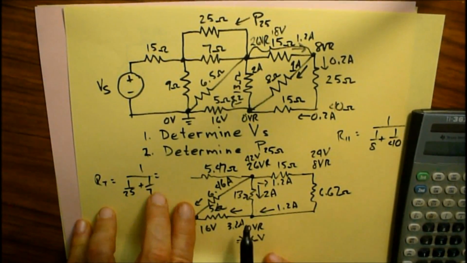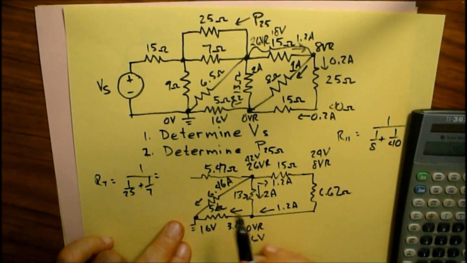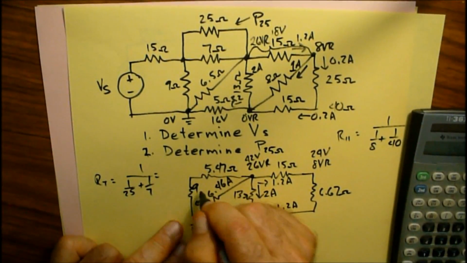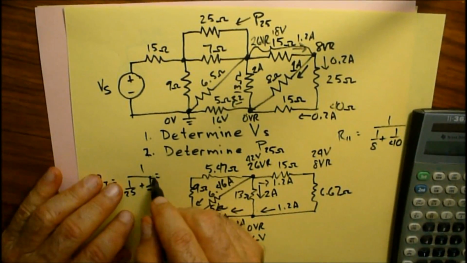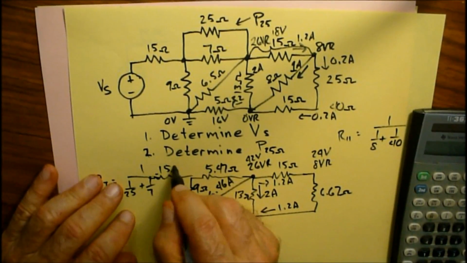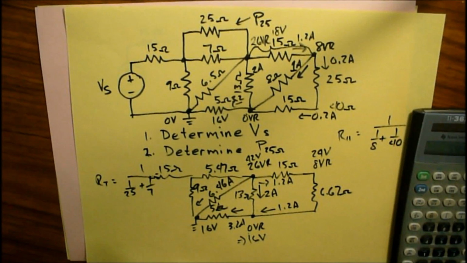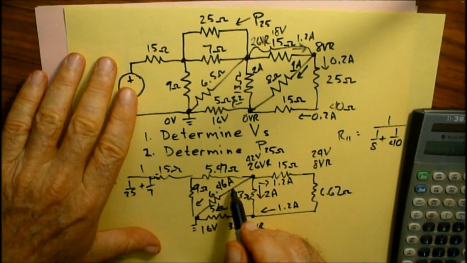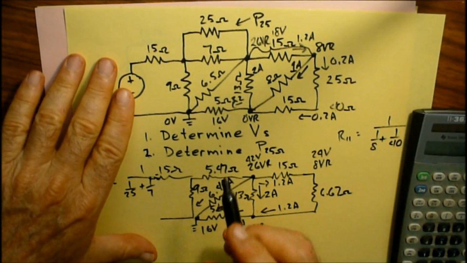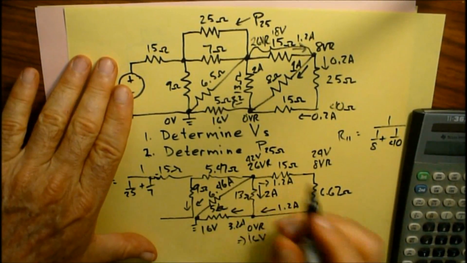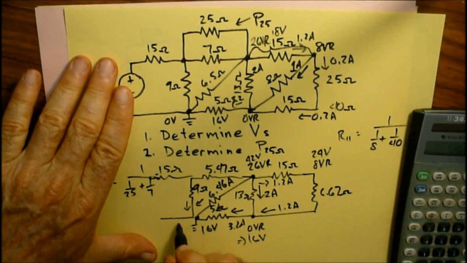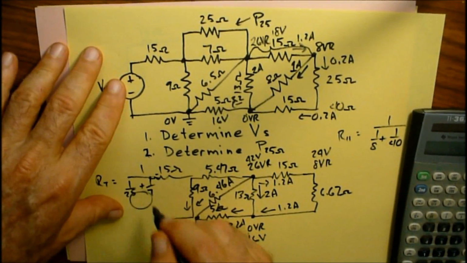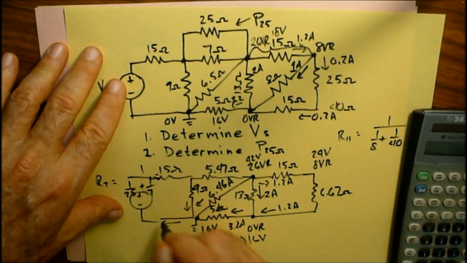So 5.47 ohms. I have another resistor right here, 9 ohms, and then of course the next resistor is 15 ohms. We still don't know what's going on over there. We do know that the 6.46 amperes going in this way. I suspect there's some current going this way, and then all the current going out is going this way into my supply.